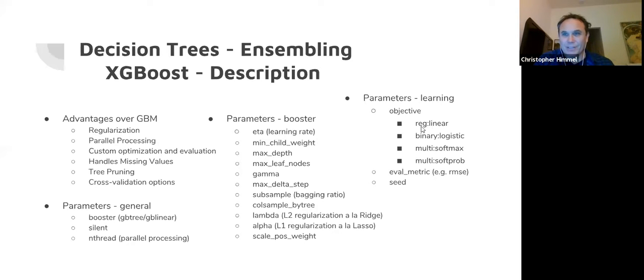You can put these functions on the output if you want. Linear is all that we were doing. Okay, so different evaluation metrics, the loss functions like RMSE, and seed would be your random value. So that's analogous. So it's just a little different implementation of the gradient boost, but more possibilities with this.